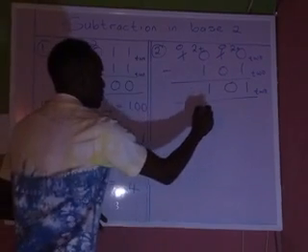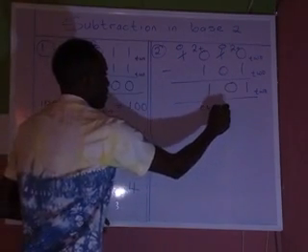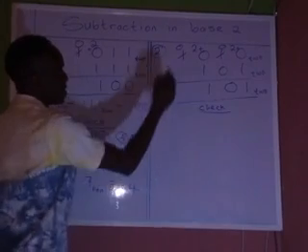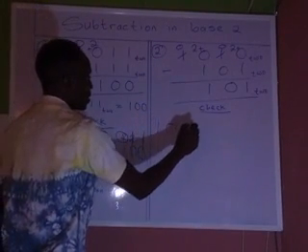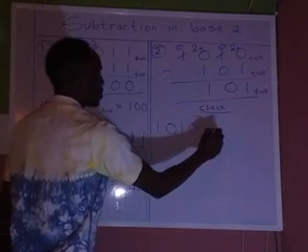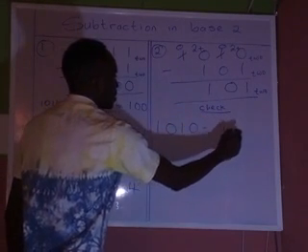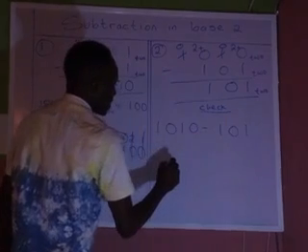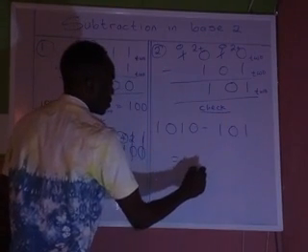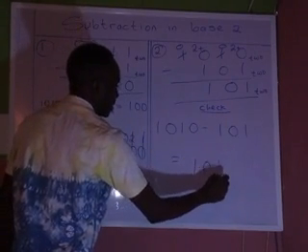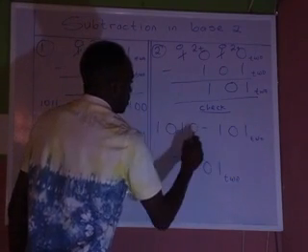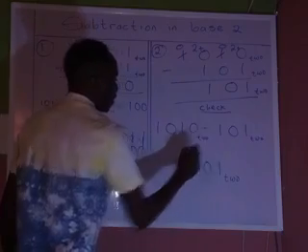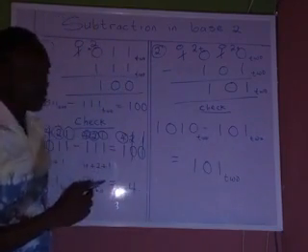Now let's check to see if the answer also is correct. The first number here is 1010 minus 101. Then the answer we got is 101 in base 2. So let us see maybe the equivalent of this subtraction in base 10 will be correct.